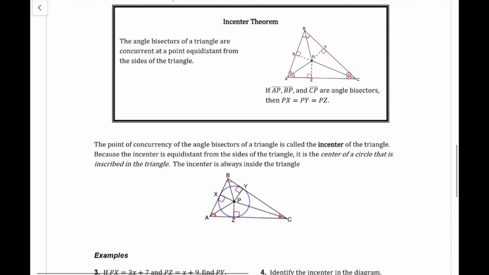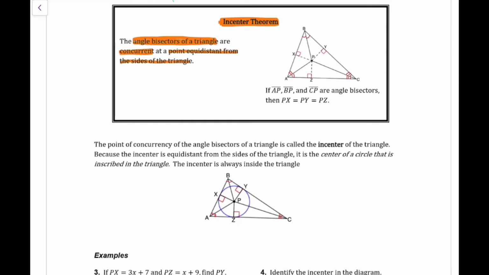The incenter happens when we take angle bisectors of all three vertices of the triangle. Now, if we connect the angle bisectors, they will meet at a concurrent point that is equidistant from the sides of the triangle.